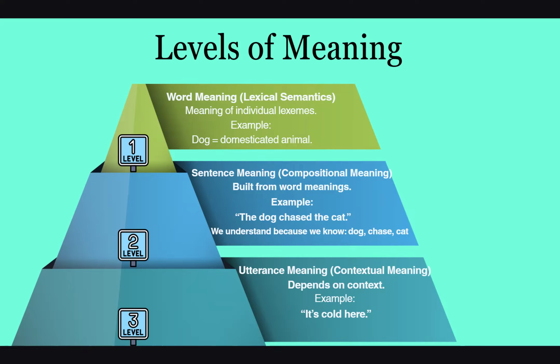Then we go to compositional meaning, the sentence meaning, built from word meanings. Each word is built up with other word meanings. For example, the dog chased the cat. We understand because we know dog, chase, and cat.